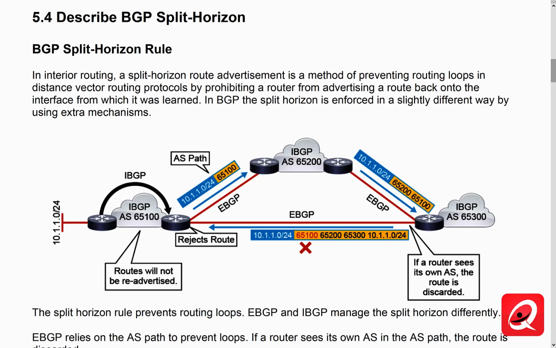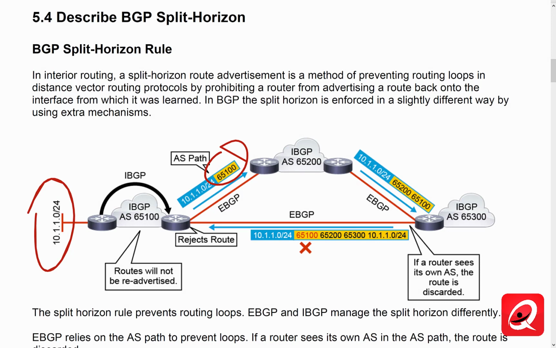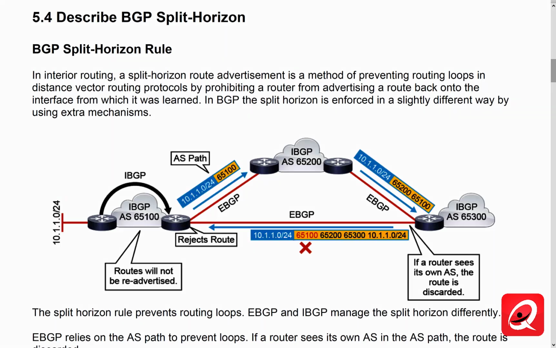We have an eBGP peering relationship between 65200 and 65300. And we advertise the route. Let me get my pen here. We advertise the prefix 10.1.1.0, and we prepend our autonomous system information based on the AS path attribute.